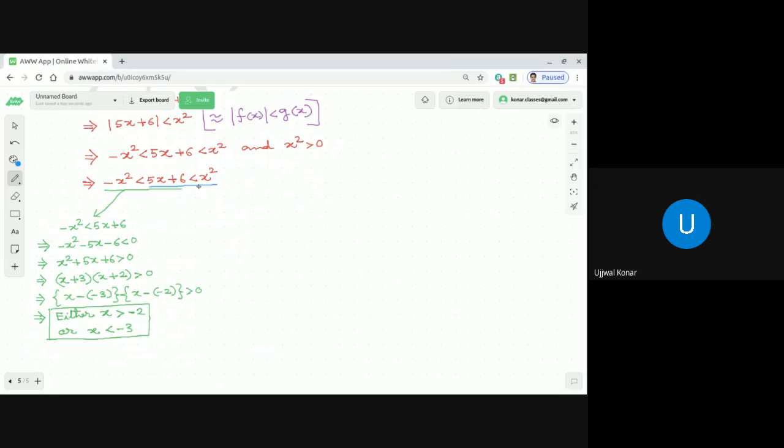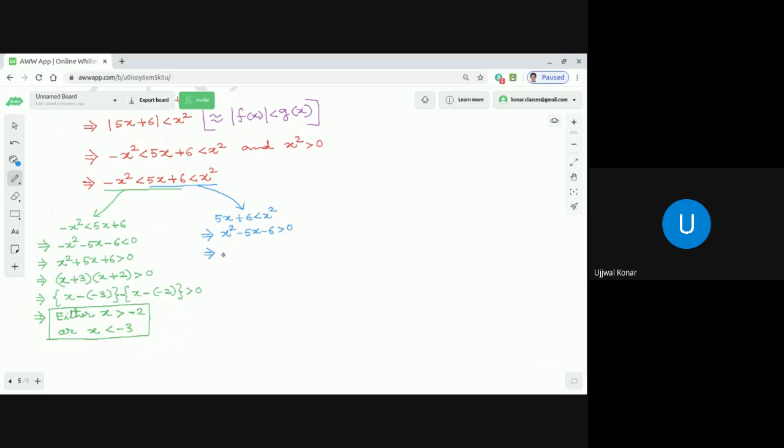This part, that is 5x plus 6 is less than x square. That implies x square minus 5x minus 6 is greater than 0, correct or not?